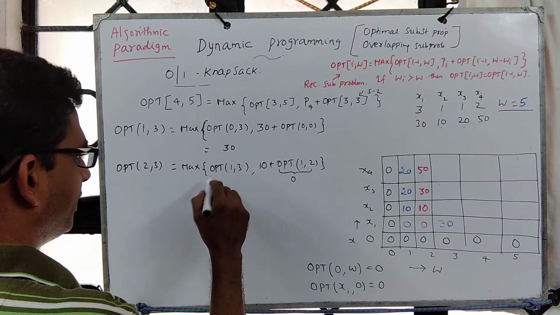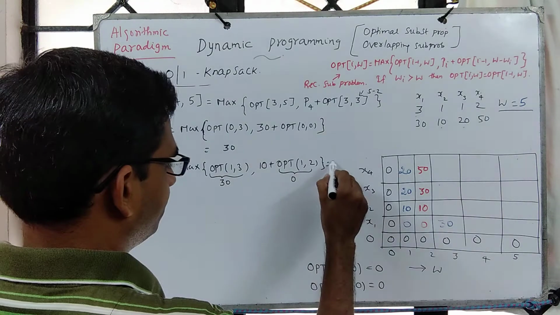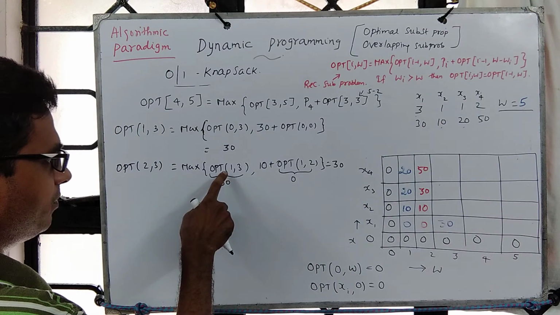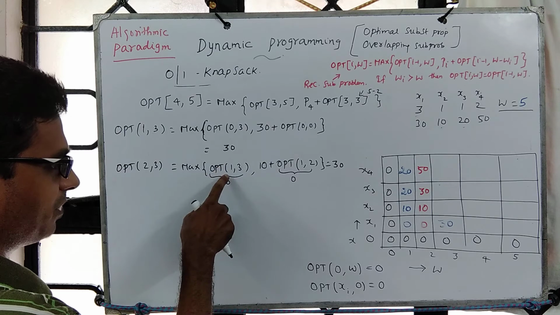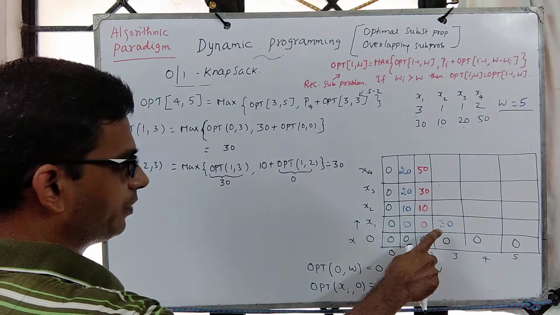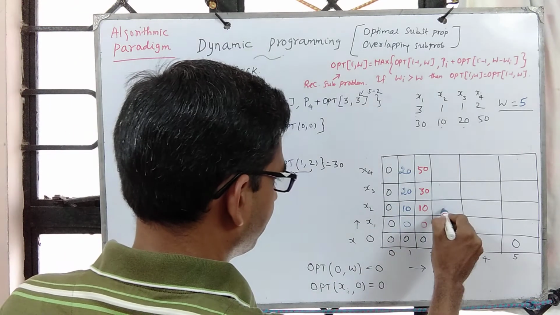Opt of 1 comma 3 is 30, just now we have computed, so max is 30. So please note, when we refer to this overlapping subproblem, this problem comes again, so we don't compute this again, instead we simply go here and refer the value, so this one is updated to 30.